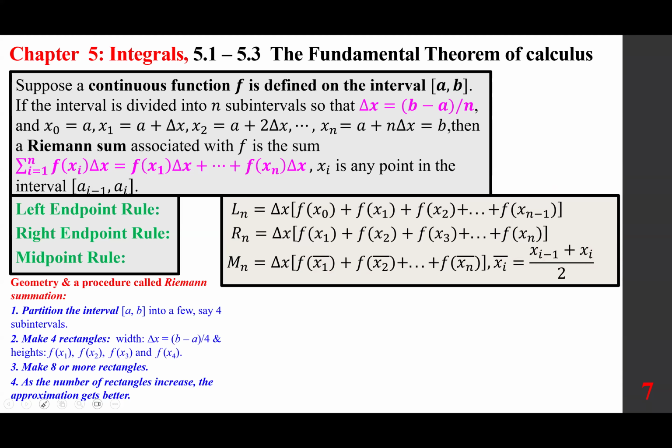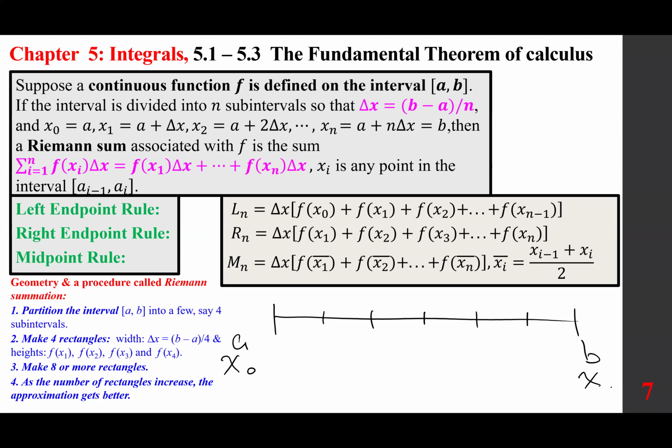What do we mean by that? Here's what it means, class. I'm just making up, let's assume we cut it into so many pieces, n pieces, okay? This is a, this is b. This is x sub 0.